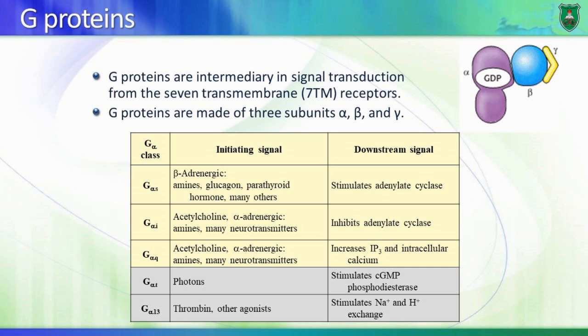So there are different types of G-proteins. We have G-alpha proteins, and they can be stimulatory, or they can be inhibitory. So you have the G-alpha S for stimulation or G-alpha I for inhibition. We also have the G-alpha Q. The difference between them is that the G-alpha stimulatory acts on beta-adrenergic receptors, different types of ligands, and you have stimulation of the adenylate cyclase, hence the abbreviation of S. Now, the G-alpha I inhibits the adenylate cyclase, as we will see in a few minutes.